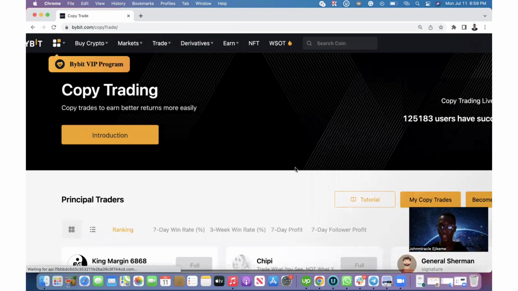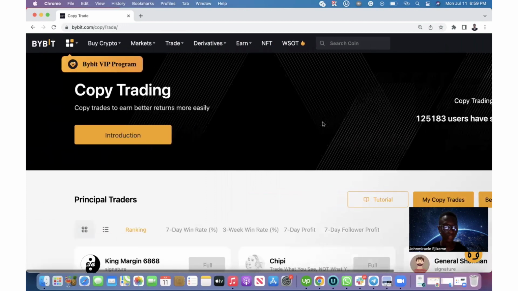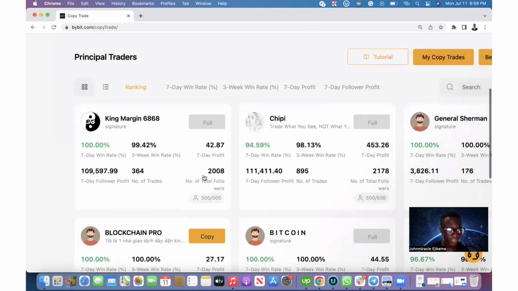You can see that they have over 125,183 people who are joining the copy trade. And you can see the list of principal traders, which are expert traders. You can see King Margin 6868, he has a 100% win rate, and this is his profit and trading capital.